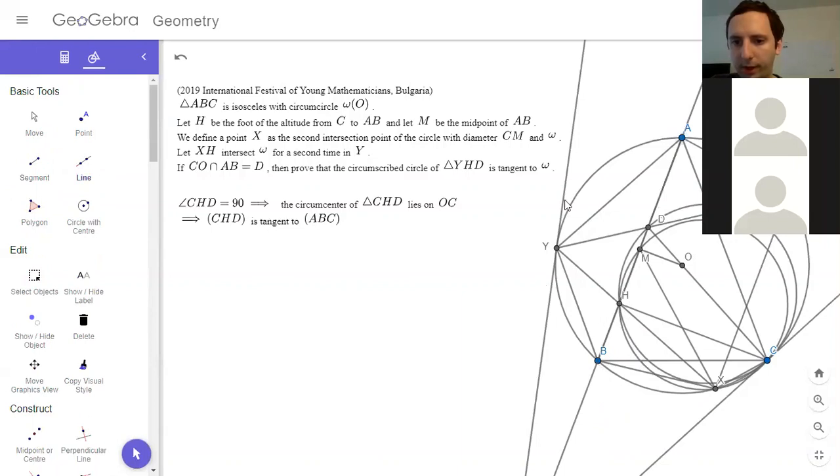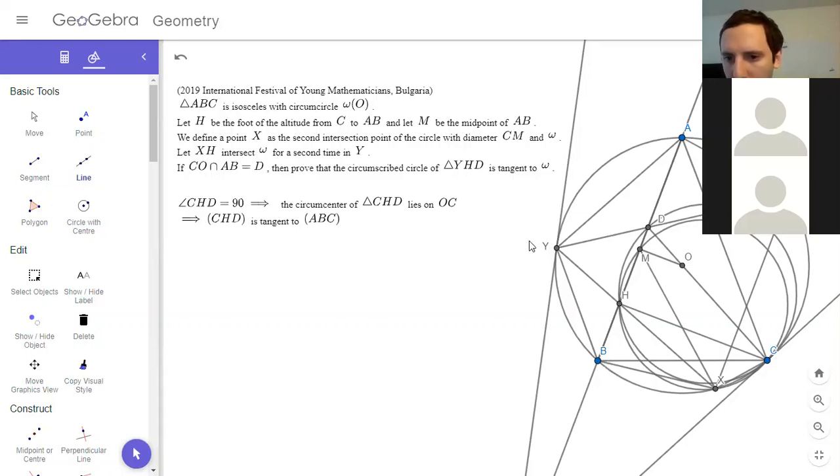So you're saying you want to prove that the tangents at Y and C concur with AB, right? Yeah. If we name that concurring point T, then we claim that TY squared equals TC squared, which is TH times TD.